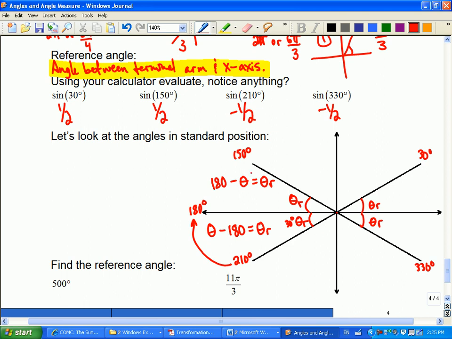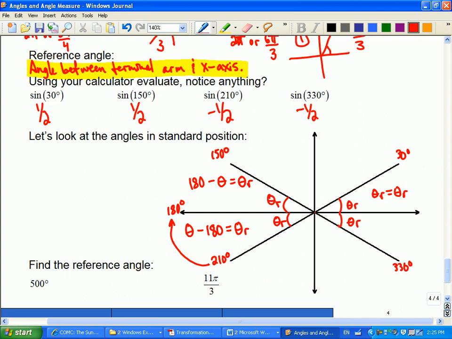So that would be angle minus 180 equals reference angle. I'm not one for using the formulas myself. Here, of course, it's nice and easy. I usually just calculate it off of the picture, so don't feel like you have to copy in those formulas, but some people sleep better at night having formulas.